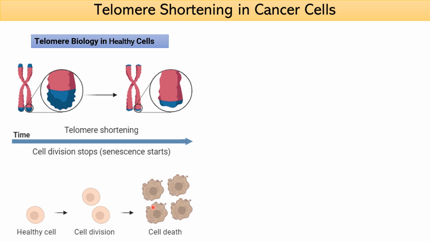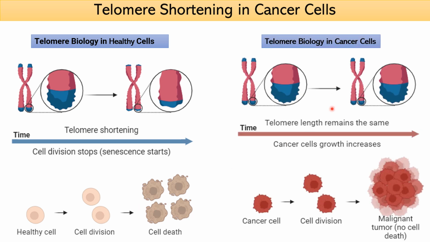However, this does not happen in cancer cells because, as we know, cancer is characterized by upregulated levels of cell division. So if telomere shortening occurs in cancer, then the cancer cells will not be able to reach and form the tumor. So what happens is that the cancer manages to maintain the length of the telomere without it getting shortened after several cell divisions.